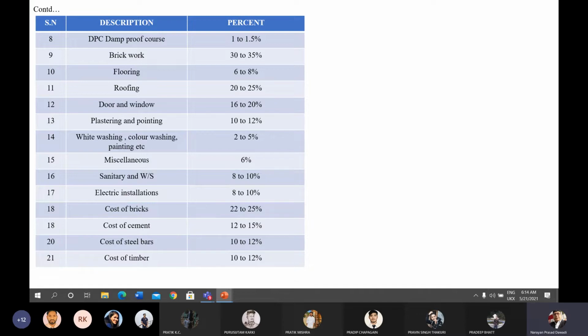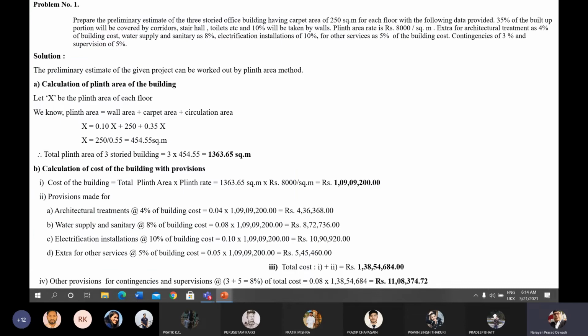This is the tentative. Up to this, the theoretical part of chapter 3 is completed. But we also have numerical problems here. As we have already discussed, the preliminary estimate for a building is generally prepared by using the plinth area method or the cube rate method.